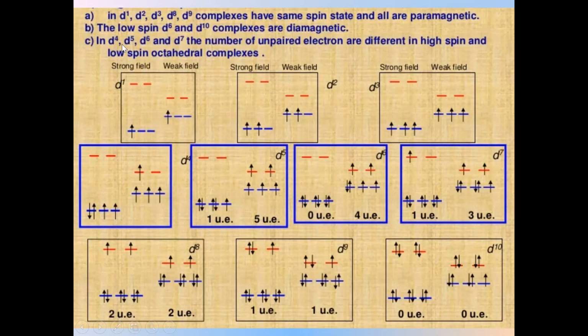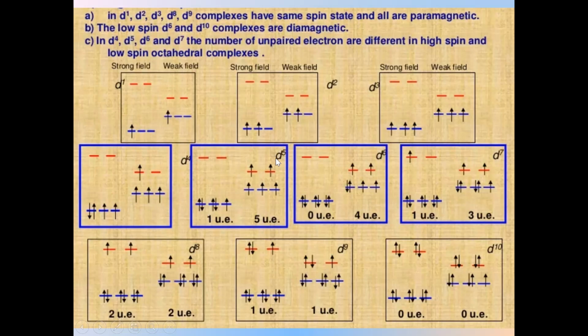In case of the other D4, D5, D6, D7, the number of unpaired electrons is different in high spin and low spin octahedral complexes. Like in D4, in low spin there are 2 unpaired electrons, but in high spin there are 4 unpaired electrons. So the mu spin only value will also be different for these two.